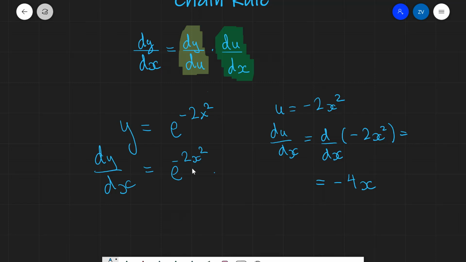So this will be multiplied by minus 4x. Overall, just simplifying a bit, we could just write this down as minus 4x e to the minus 2x squared.